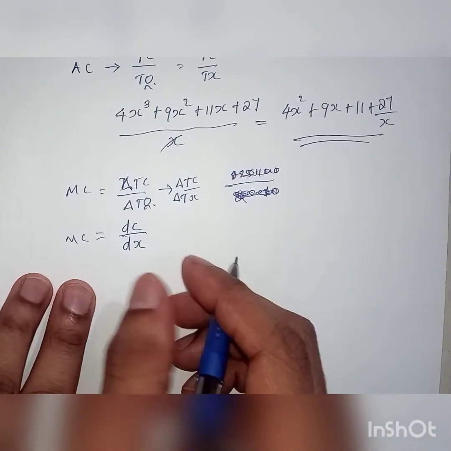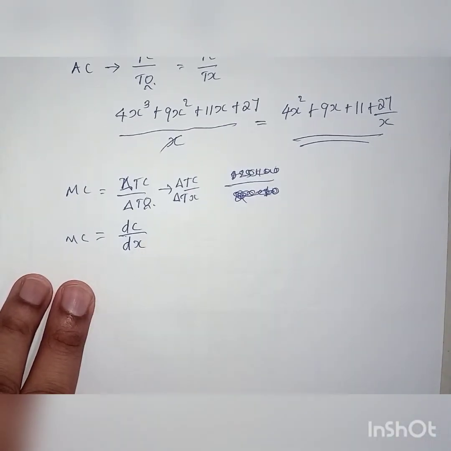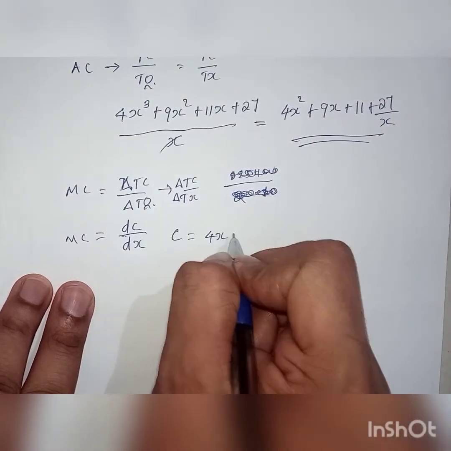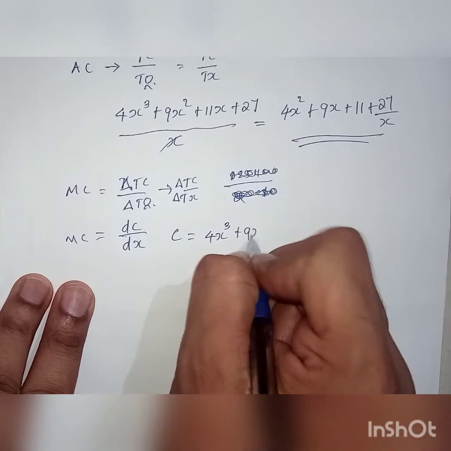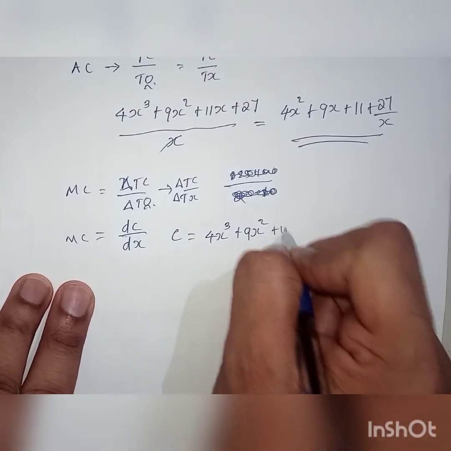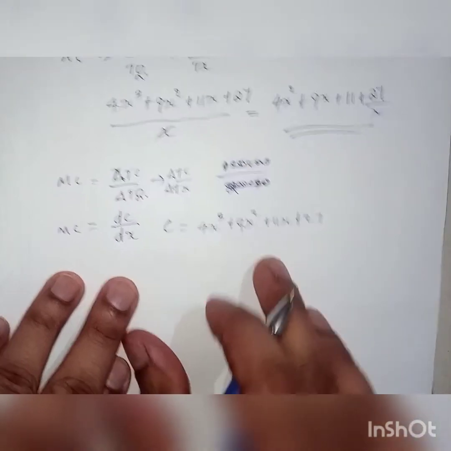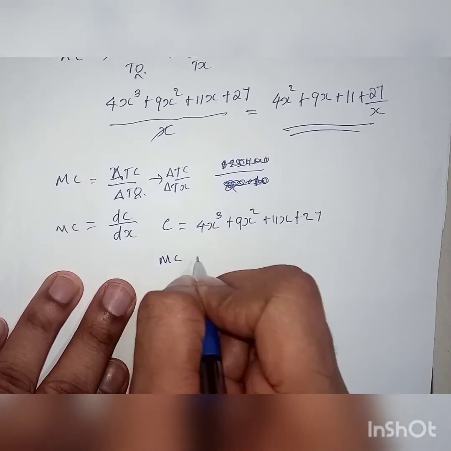Then I will tell you how you can find the derivative of a cost function. We have the cost function 4x³ + 9x² + 11x + 27, right? How is marginal cost to be found?